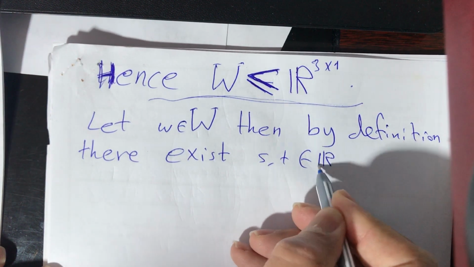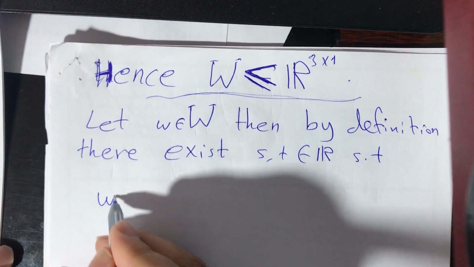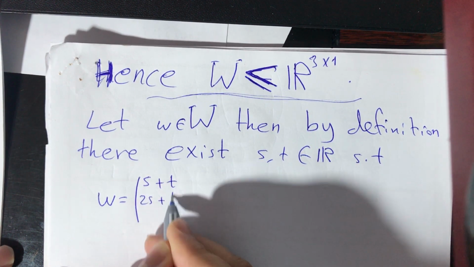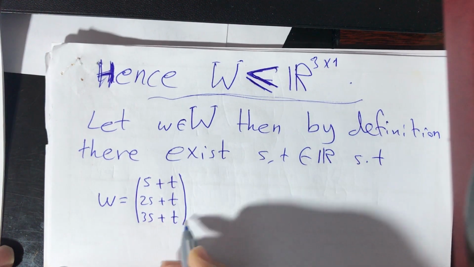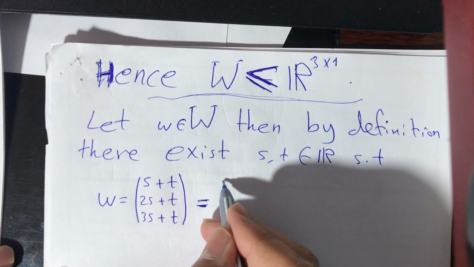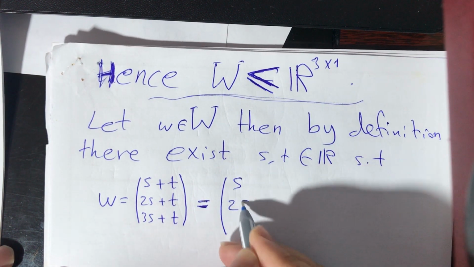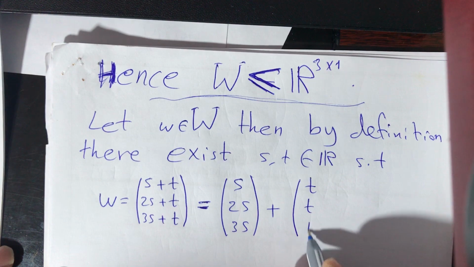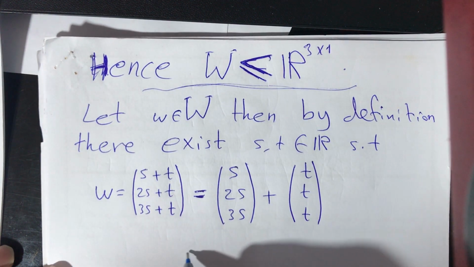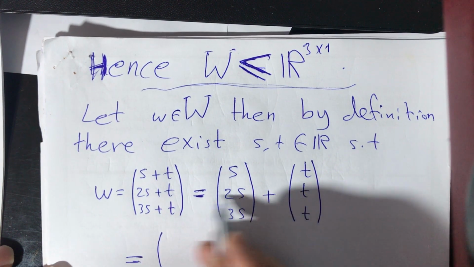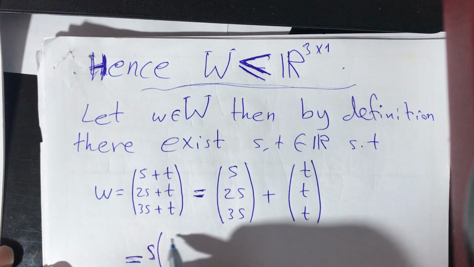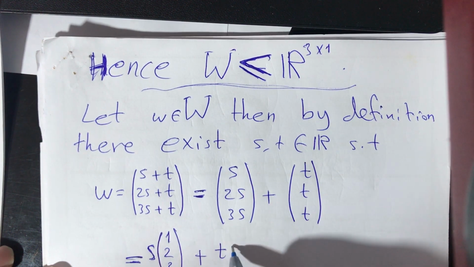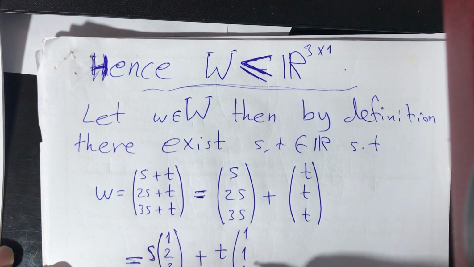S, T belonging to R such that W is equal to (S plus T, 2S plus T, 3S plus T), and this will be equal to (S, 2S, 3S) plus T. If we take S out, S here will be (1, 2, 3), plus, if we move T here, this will be (1, 1, 1).